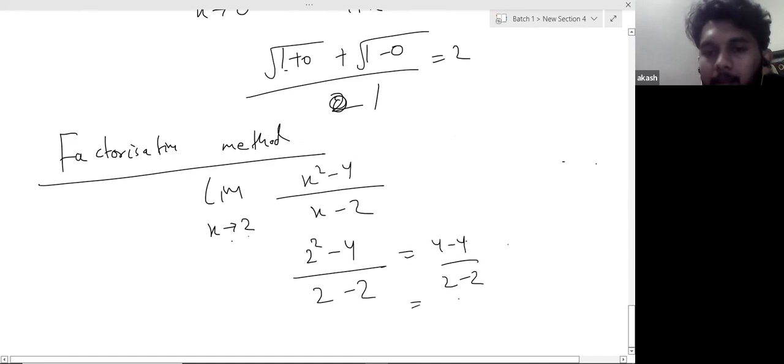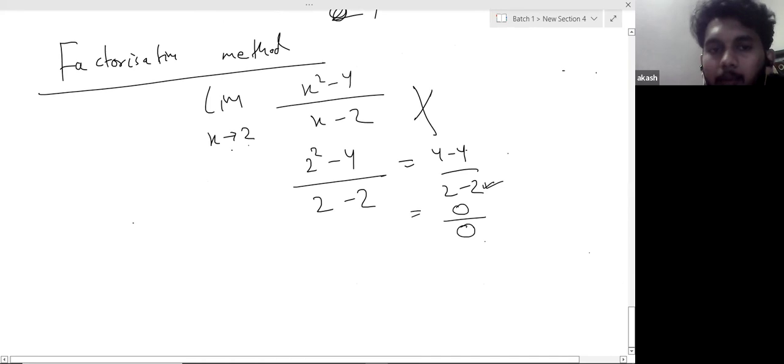This is 0 by 0, and 0 by 0 is not equal to 0. This is not defined. We know that in the denominator we cannot have 0. We can never put the denominator as 0. So we cannot solve like this. If you put directly, then we are getting 0 by 0, and that is not good.